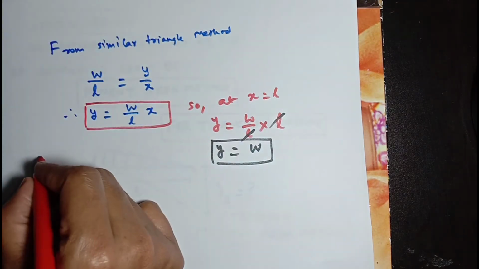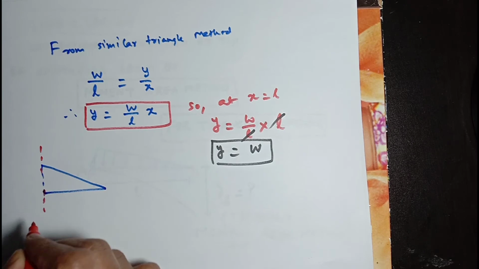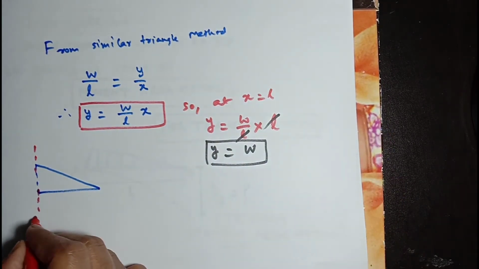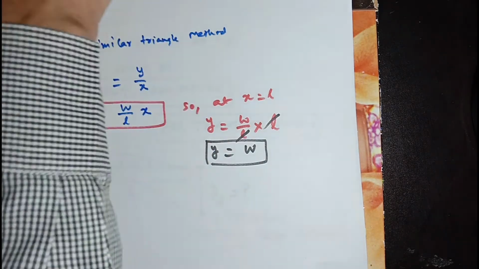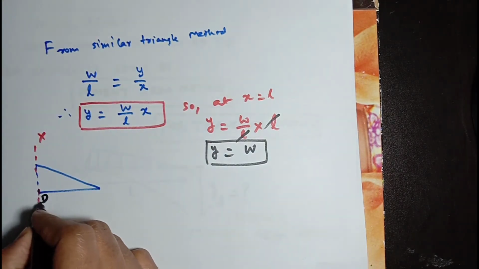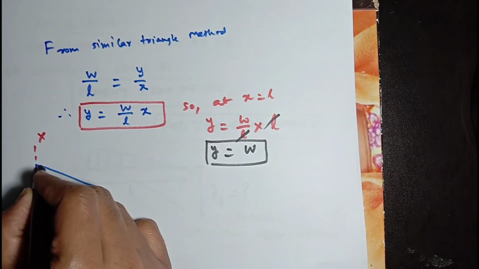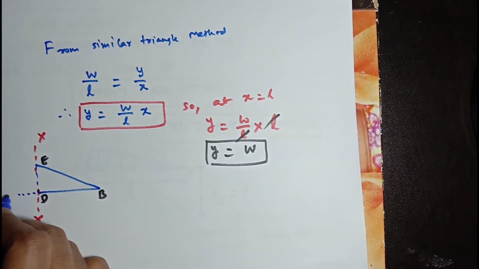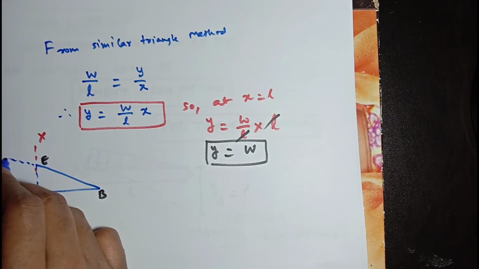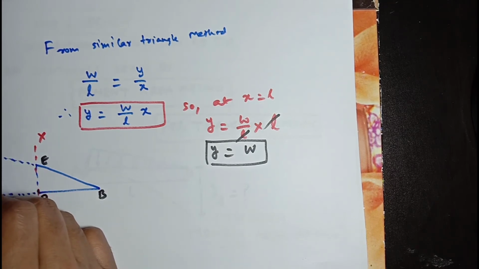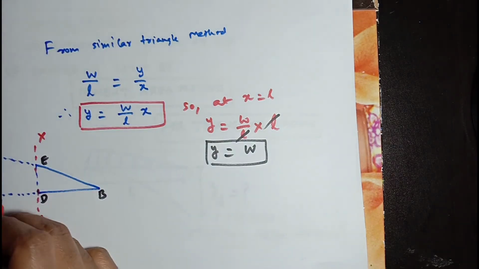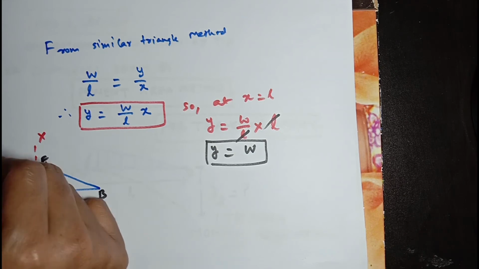The section is XX. This point is D, this point is B, this point is E. Now we can show with a dotted line the left part of this triangular loading. For our proper understanding, this point is A and this point is C.